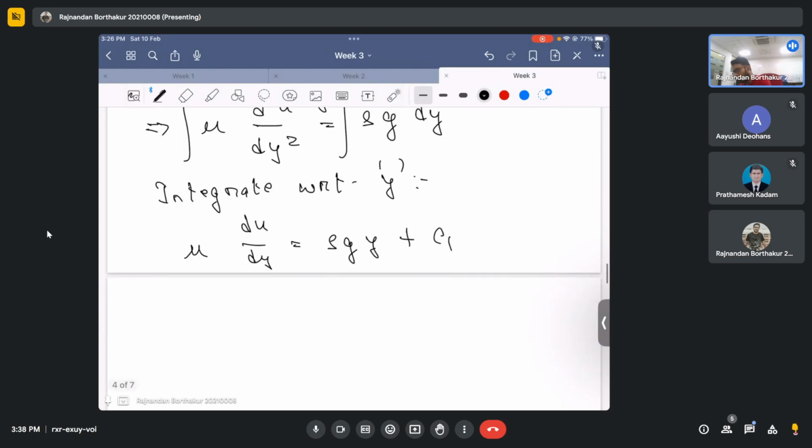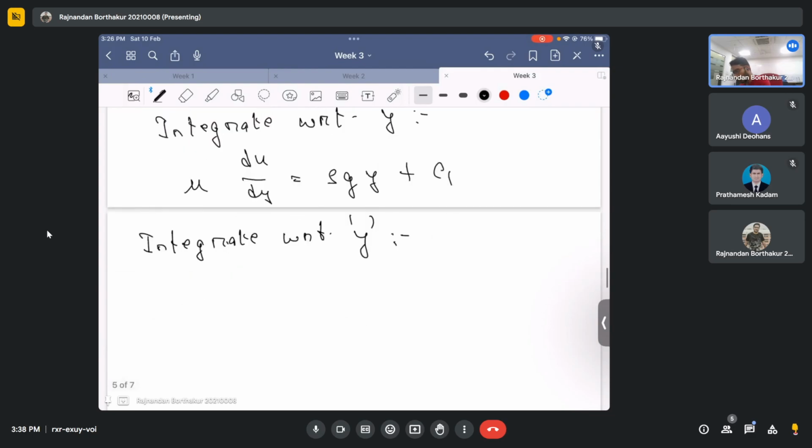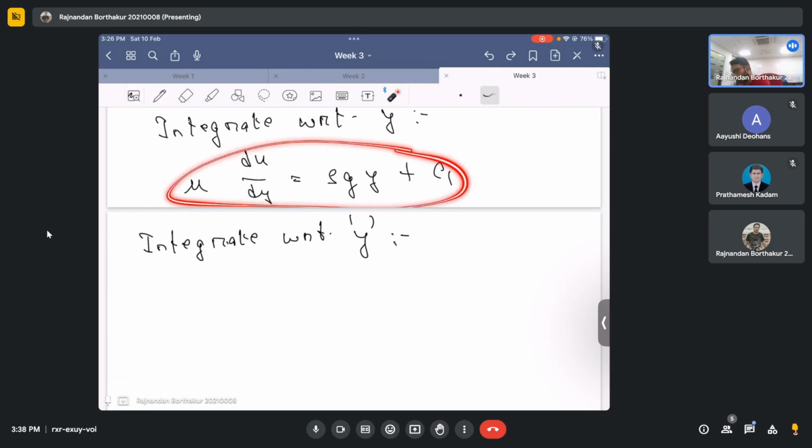Okay, and then we do the second integration, again with respect to y. Let's first of all divide this equation by mu.